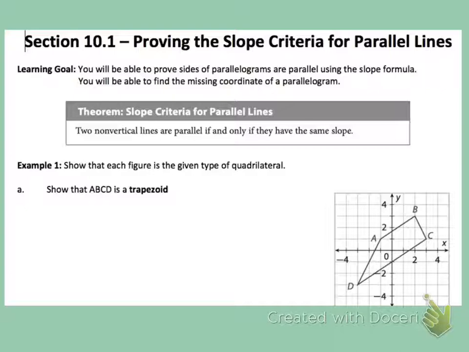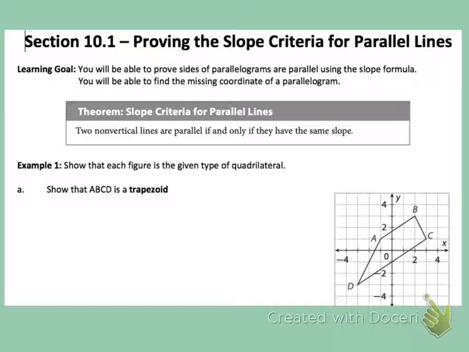So we're going to focus on the parallelograms, and we're going to be proving that the opposite sides are parallel. So the slope criteria for parallel lines theorem says this: two non-vertical lines are parallel if and only if they have the same slope.